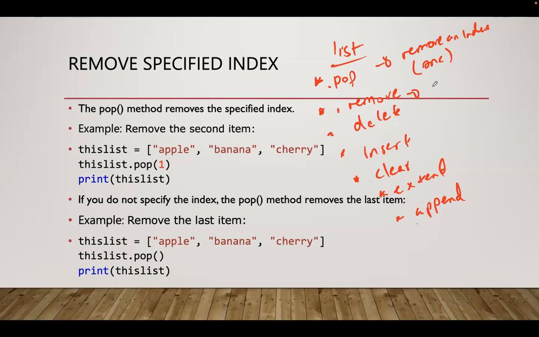It also has one argument. What about the delete keyword? It has only one argument as well. What about insert? How many arguments does insert have? It's got 2 arguments. You mention the index, like 3, and what you want to insert, like orange.